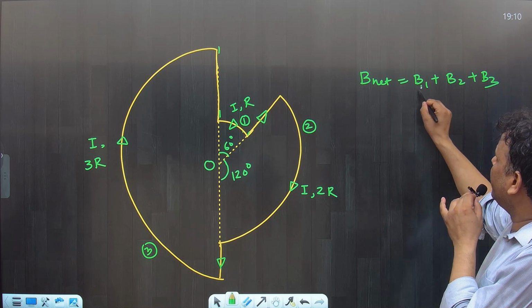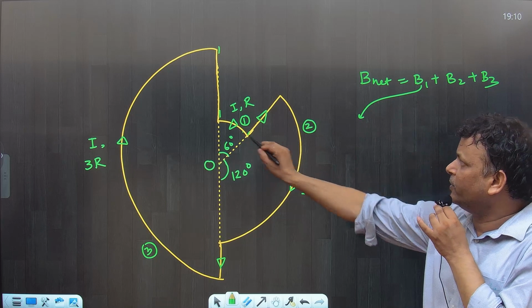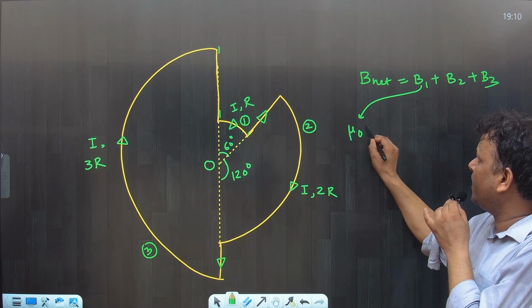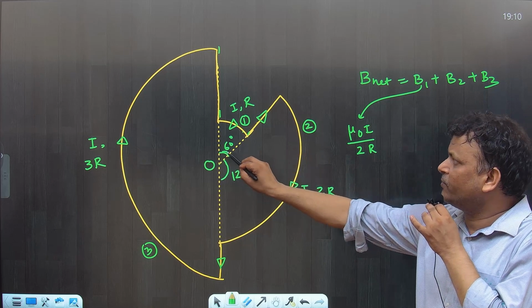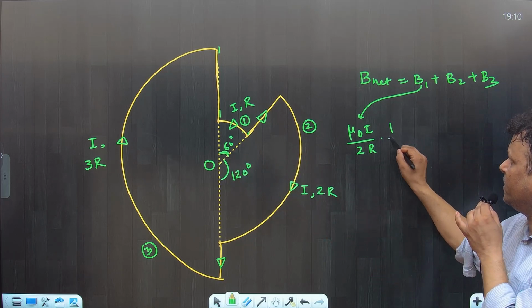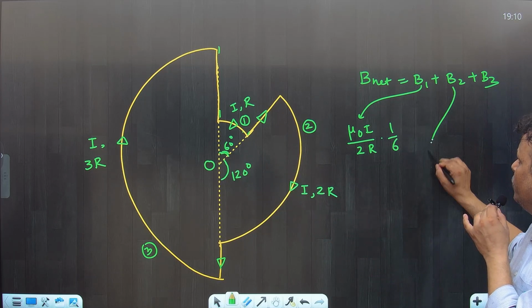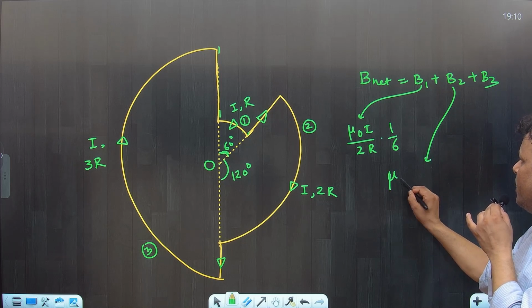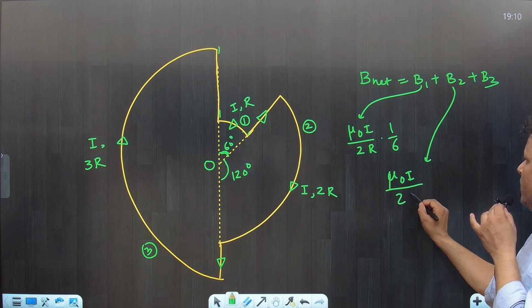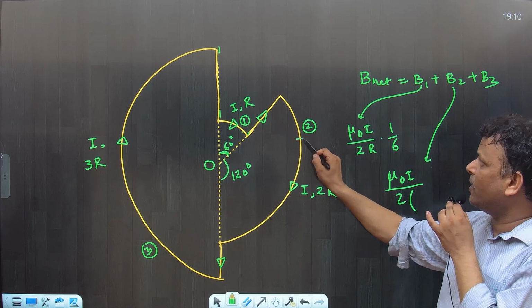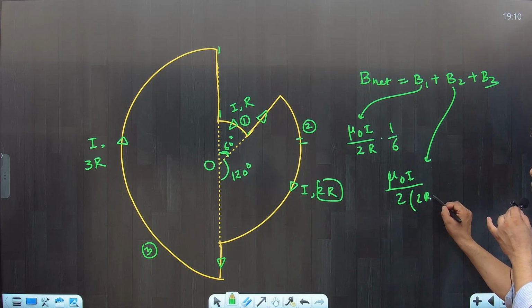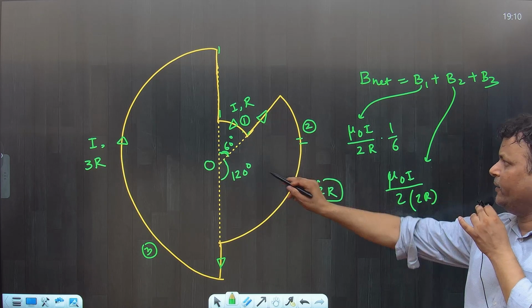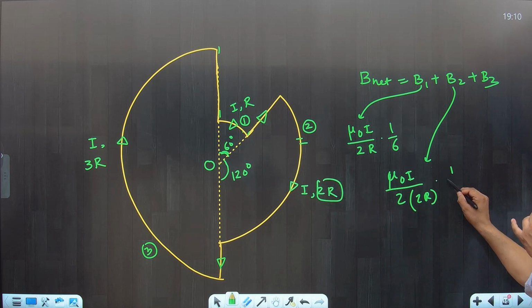Now you write the right formula. B1 is for this: mu naught I by 2R, and it is 1/6 of the circle. 60 degree is 1 by 6. And for B2 you will write mu naught I by 2R, at the place of R you will write 2R, into 120 degree, which is 1/3 of the circle.